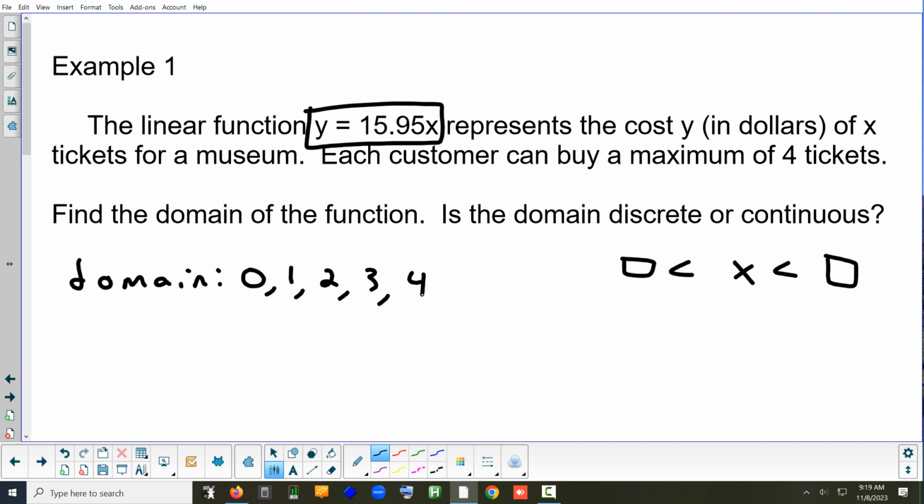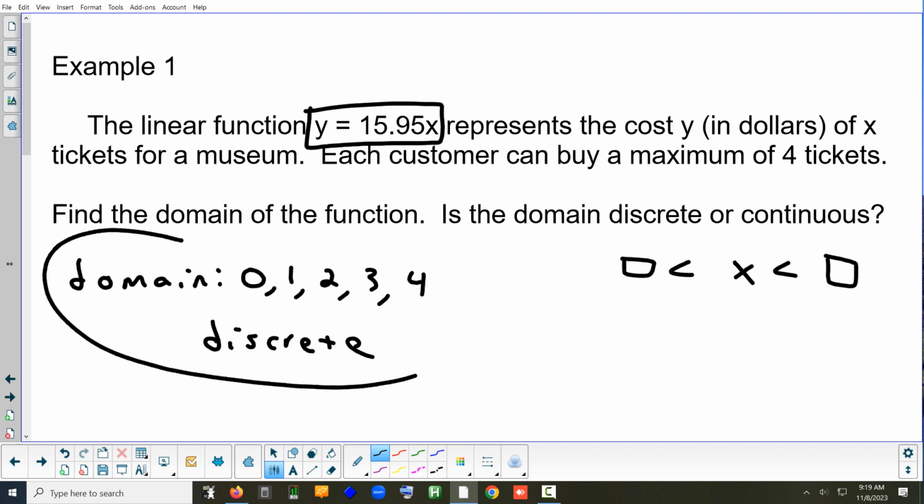And now you can only buy certain numbers. So is that discrete or is that continuous? That's discrete. Yep. And Eli, what makes that discrete? Because you can't buy like half a ticket.